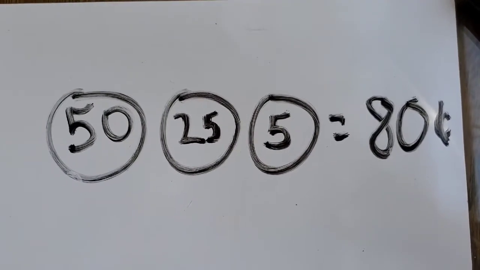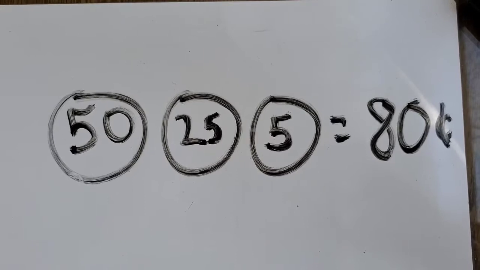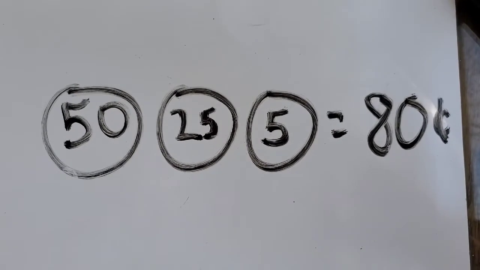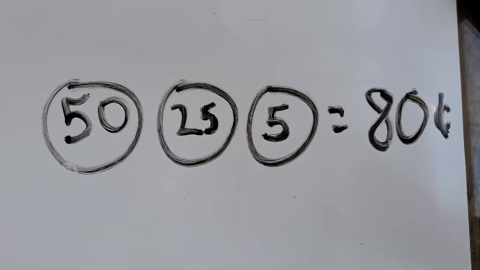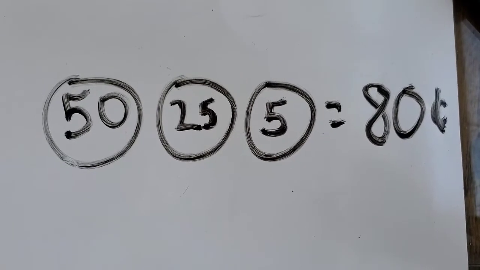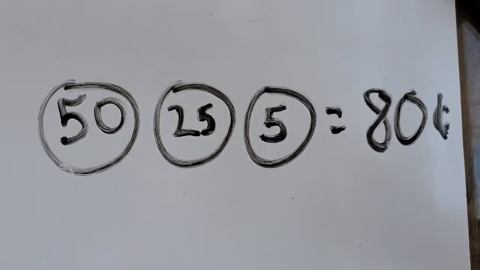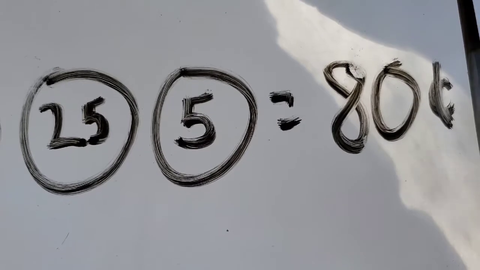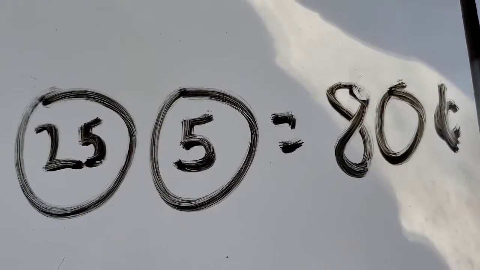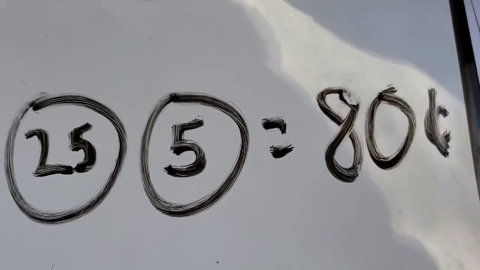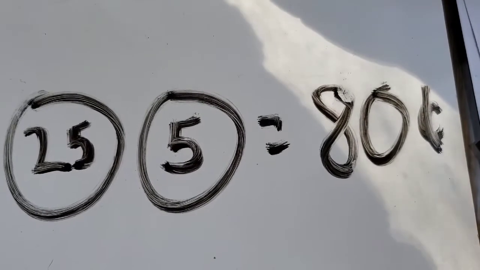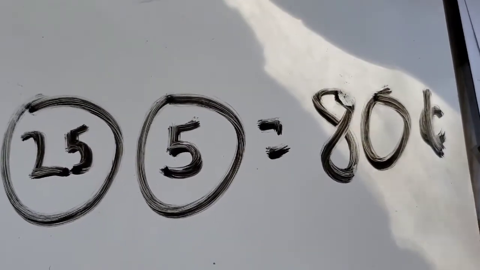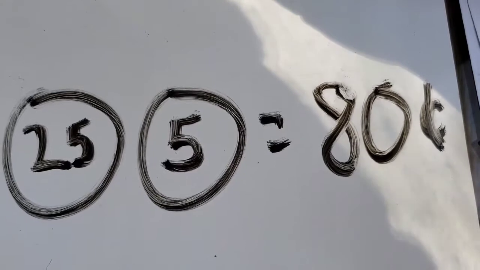So the challenge is, what coins do we need to make $1? And this is a trick. We can't use a quarter because we're at 80 cents. So we have to go down to our next smallest value coin, which is the dime. And a dime is worth 10.